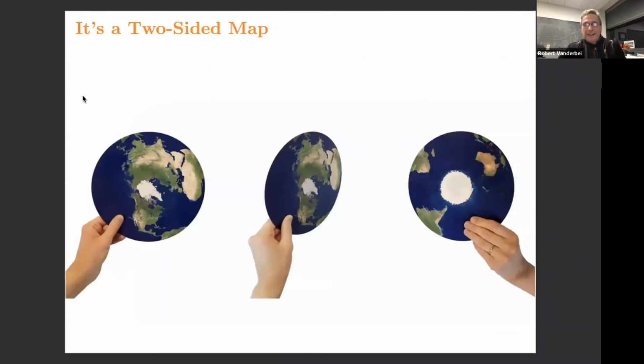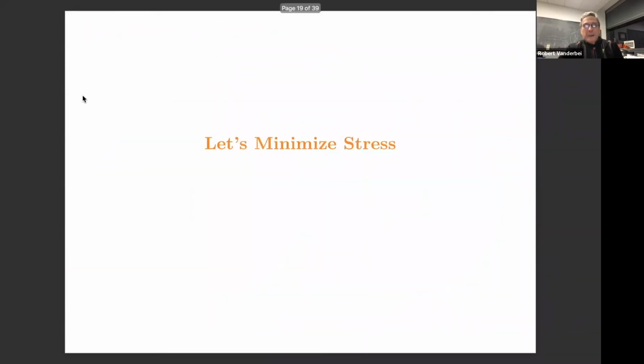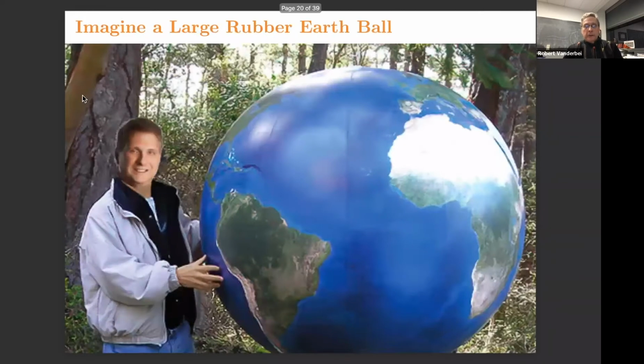So here's a picture just showing that it's two-sided. And the thought that I had was, what if I took Earth as a large rubber ball? Maybe not this big, but imagine you have a rubber ball with the Earth on it. And this rubber ball is made out of rubber, and thus, just imagine that the rubber is essentially infinitely thin, but nice and rubbery.